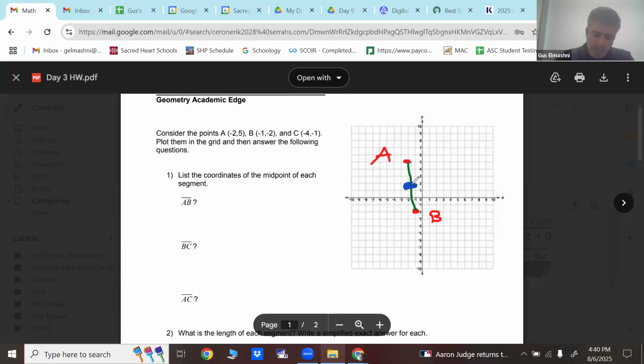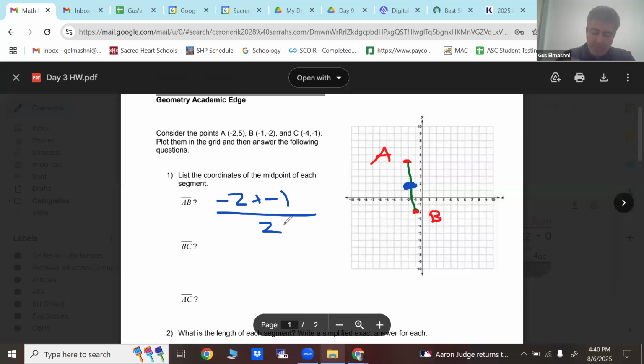So the midpoint has to be halfway between. I kind of interpreted that as just the first point. Here's the thing, it has to be halfway between. So look at the x coordinates. You have to average the x coordinates, right?